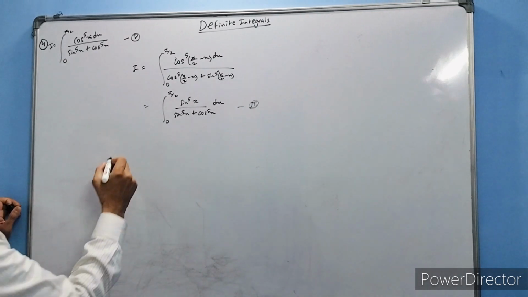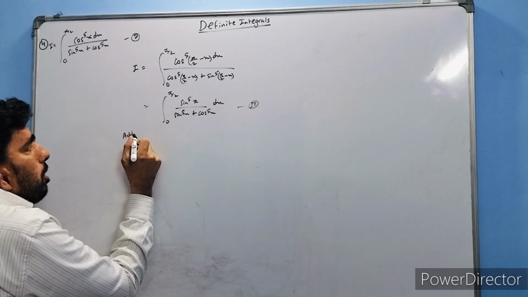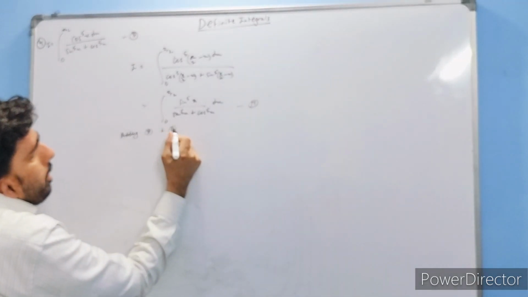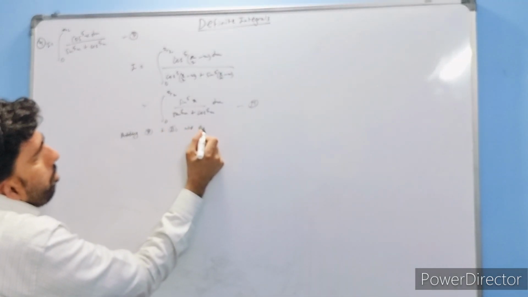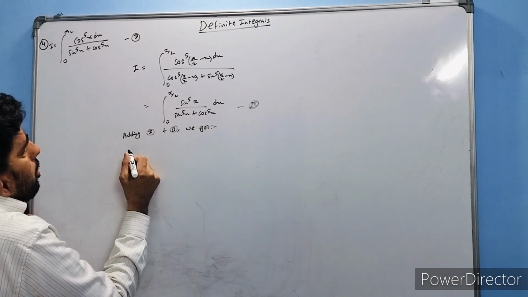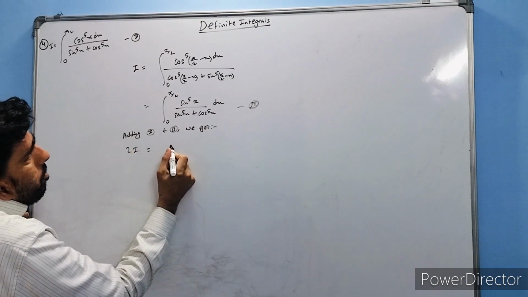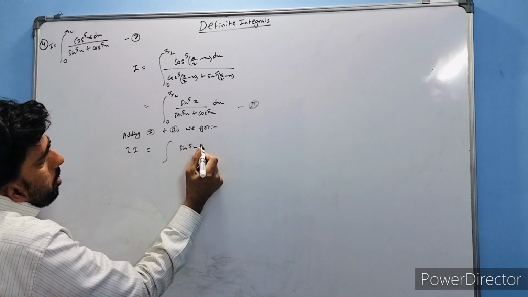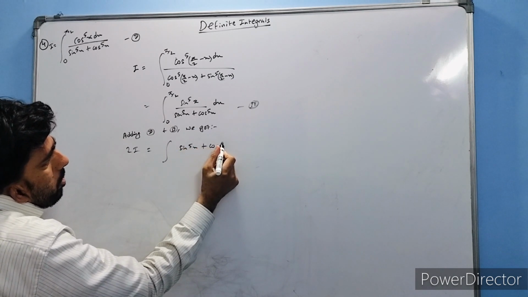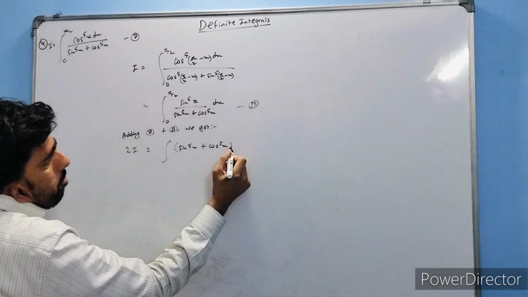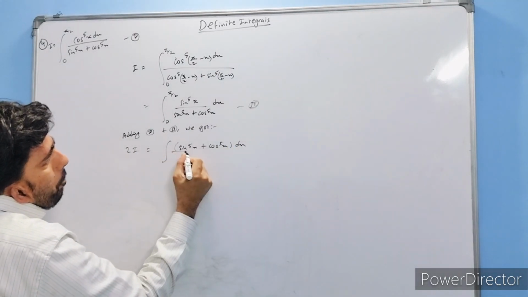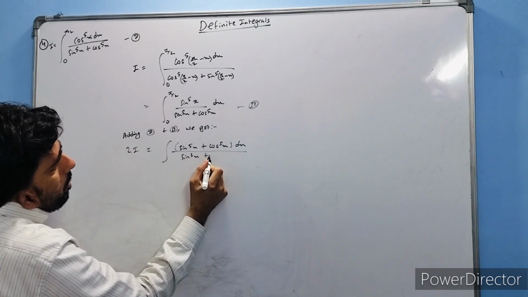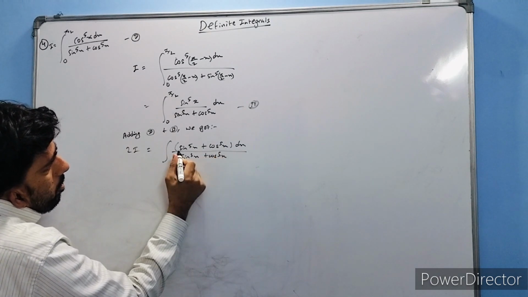After applying the property and adding the first and second, we get 2I equal to the integral from 0 to pi by 2 of (sin^5 x plus cos^5 x) dx upon (sin^5 x plus cos^5 x).